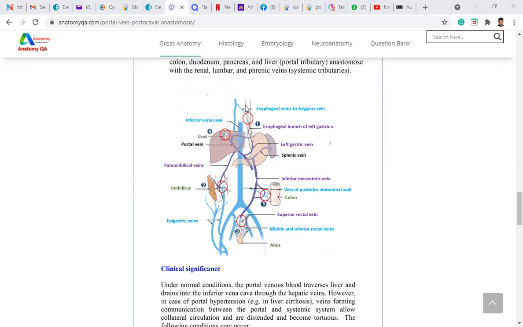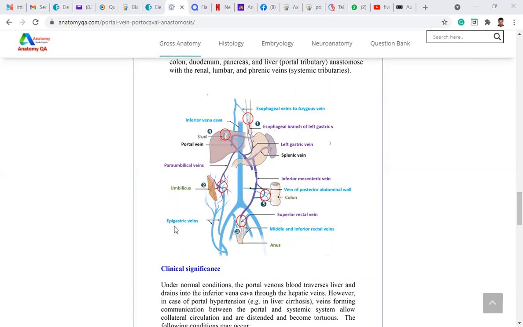The second point is at the umbilicus. So at the umbilicus, we have the paraumbilical vein, which is part of the portal system, and the superficial epigastric veins, which are part of the caval or the systemic system.